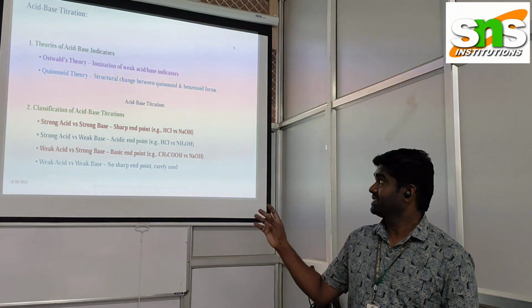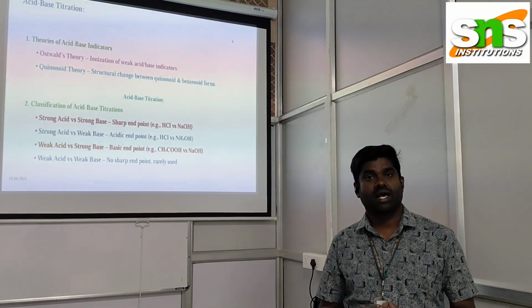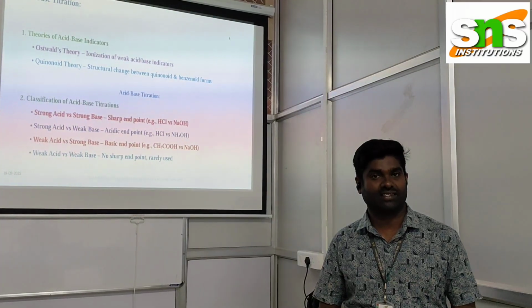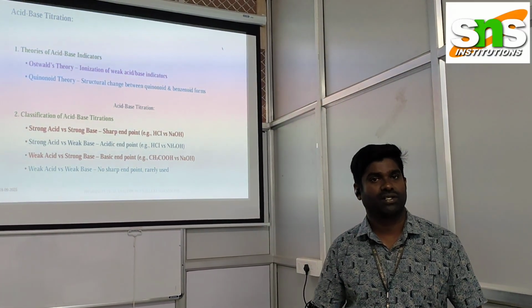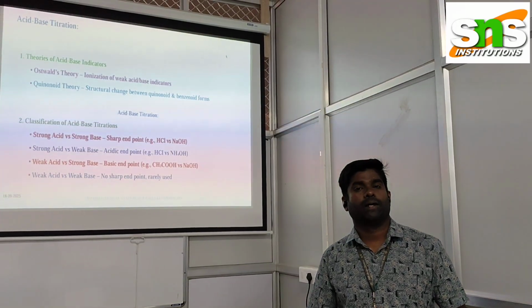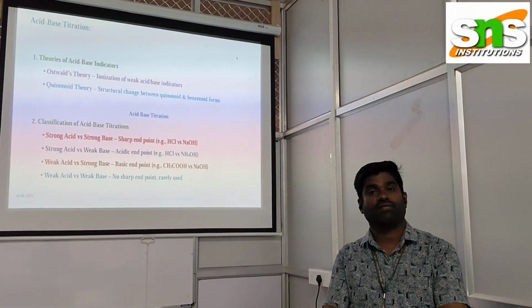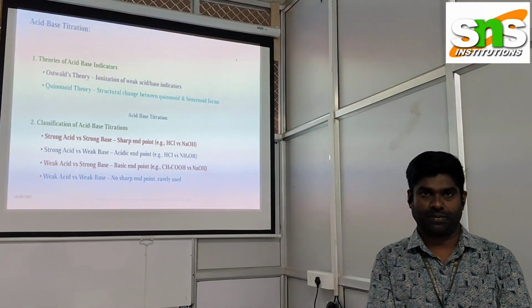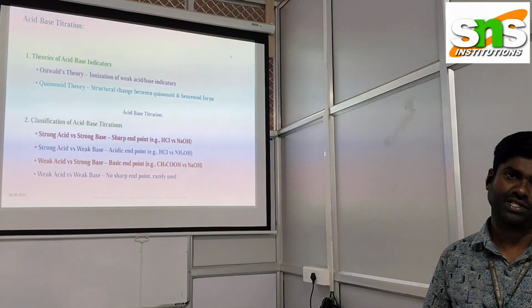Anyway, I am going to explain these theorems in the next part of this class. Now we will see about the classification of acid-base titration. How are we doing this classification?